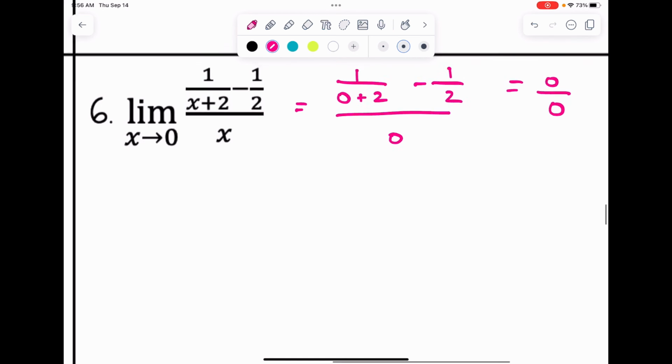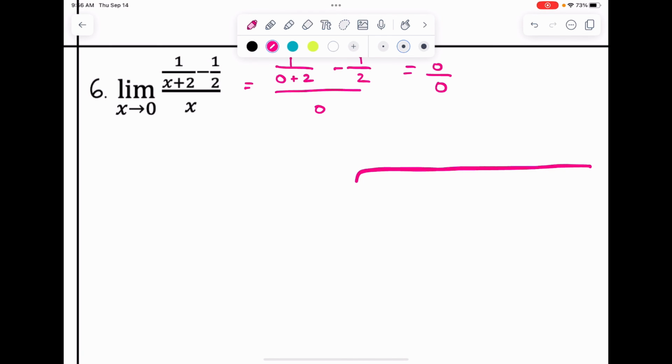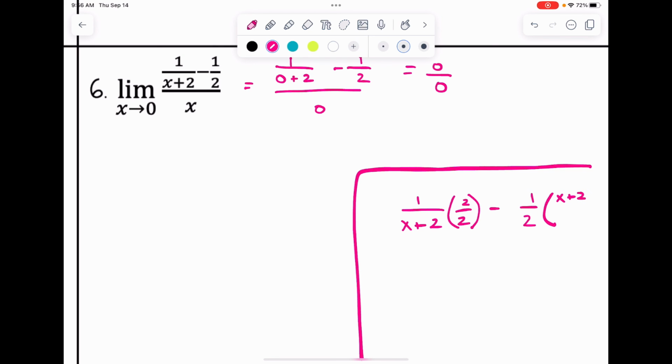All right, so what I'll do is this off to the side for a second, just as a little bit of workspace over here. We need to work with this 1 over x plus 2 minus 1/2. The thing we could do here to simplify this is get common denominators. So I'm going to multiply this first fraction by 2 over 2, and I'm going to multiply this fraction by x plus 2 over x plus 2.